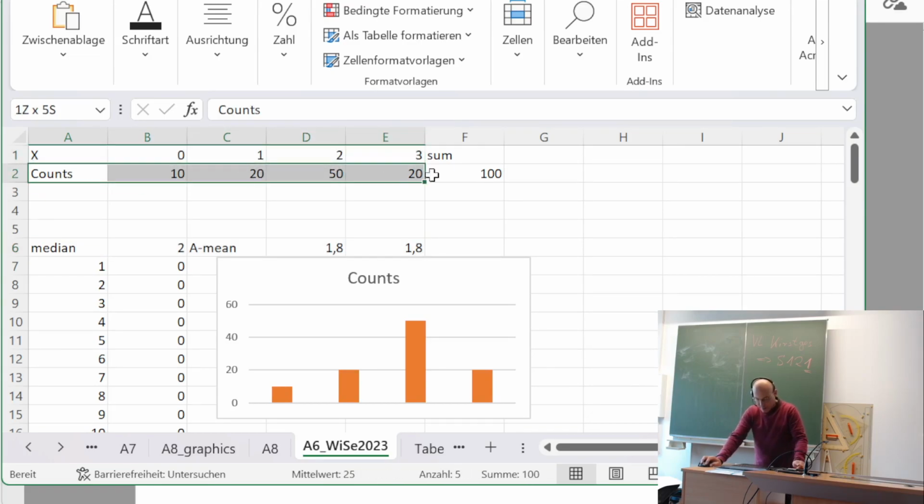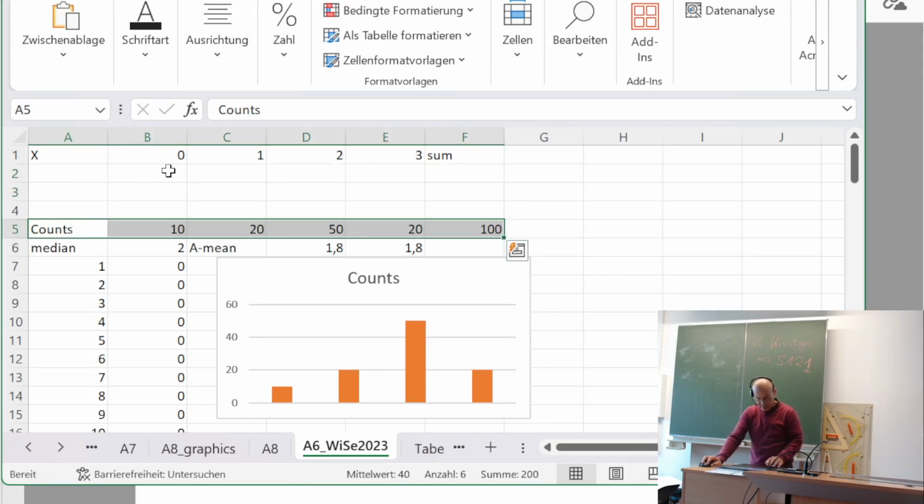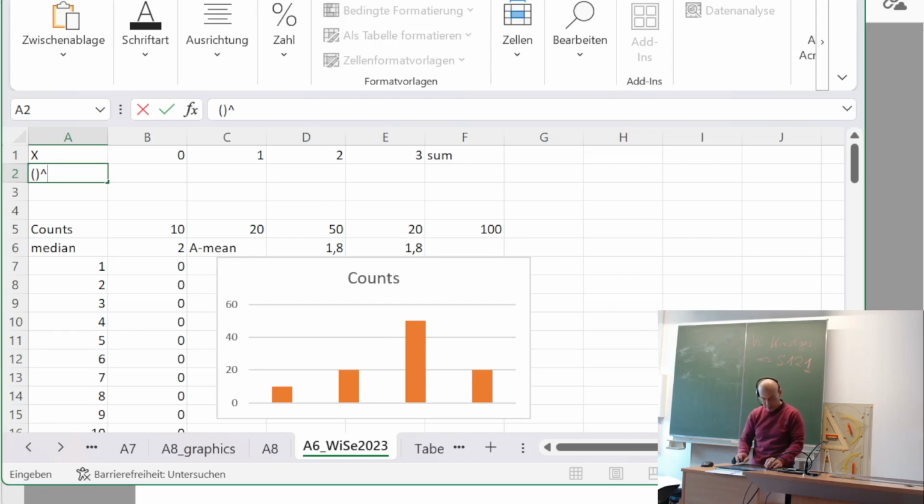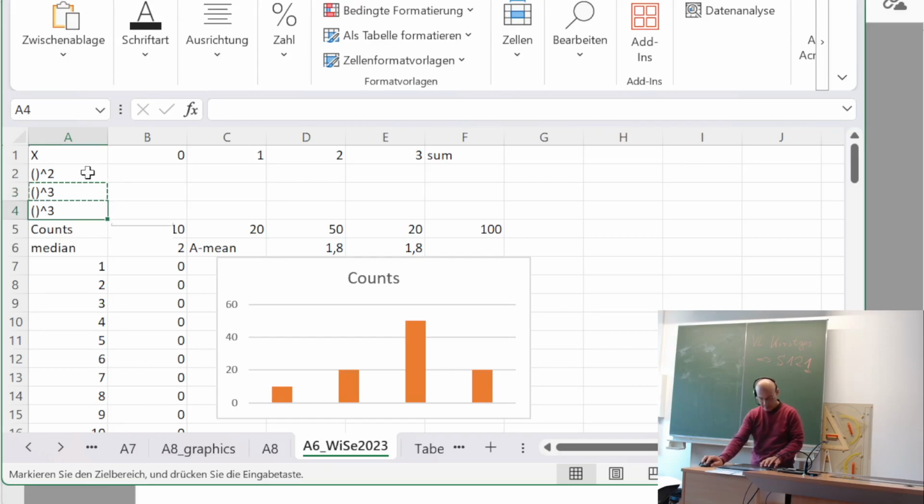And maybe this looks then also better if we take this, so the distance of 0 with respect to the arithmetic mean. When we take here, let's put it like this, squared distance, to the power of 3 and to the power of 4.